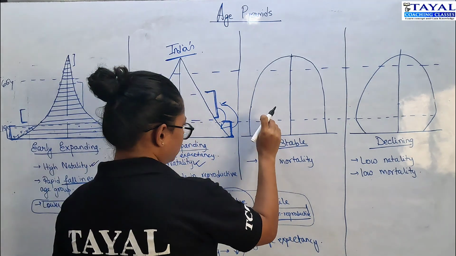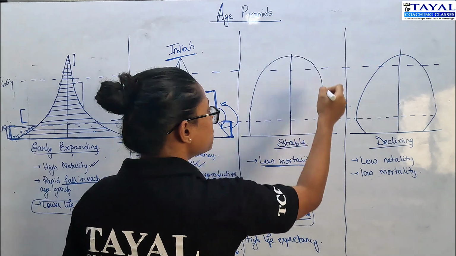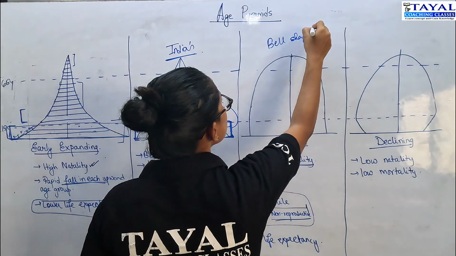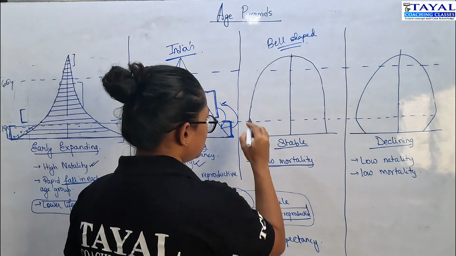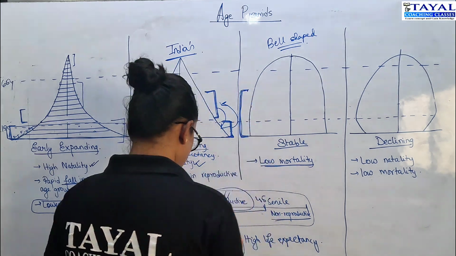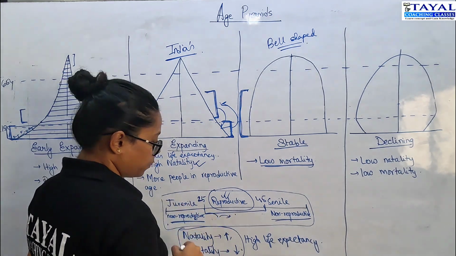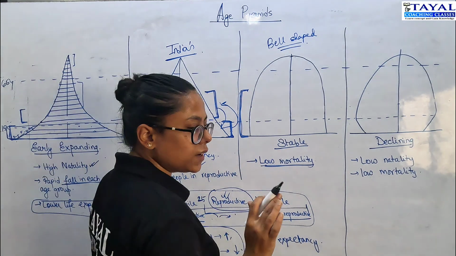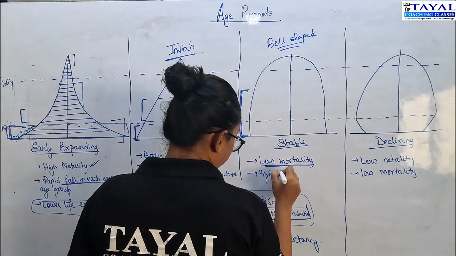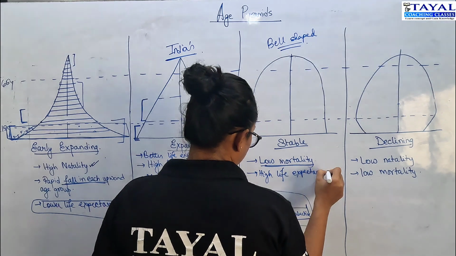Now coming to a stable population. If you look at it, it's a bell-shaped population. When it's a bell-shaped curve, that means there are equal numbers of individuals in both the non-reproductive and reproductive zones, which means it has a low mortality, not much death rate, high life expectancy, right?